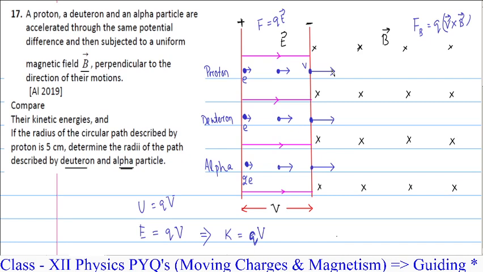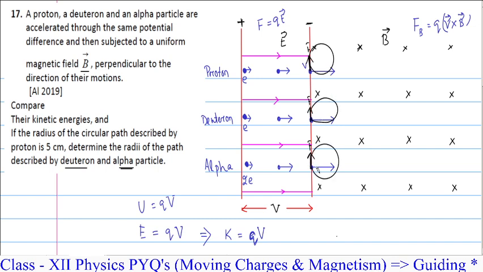So if you move your fingers from v to B, then the force is directed upward. In all these particles, the force will be directed upward. Due to this force, the charged particle will undergo circular motion. Here also it will undergo circular motion.